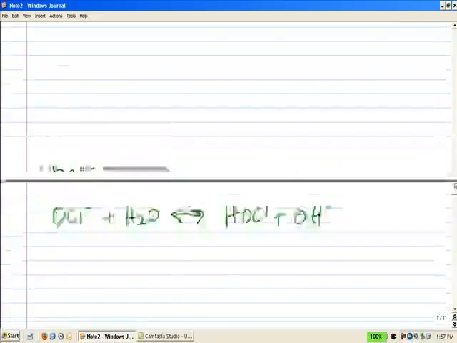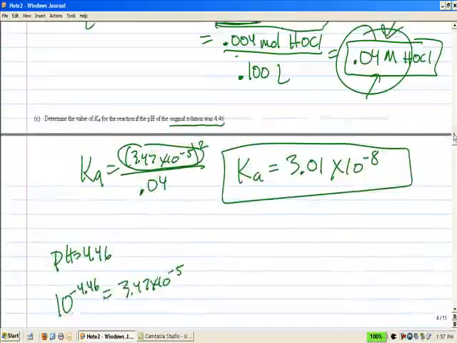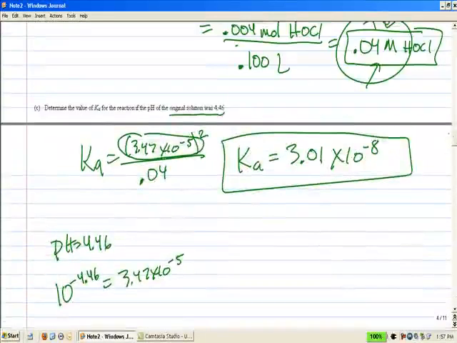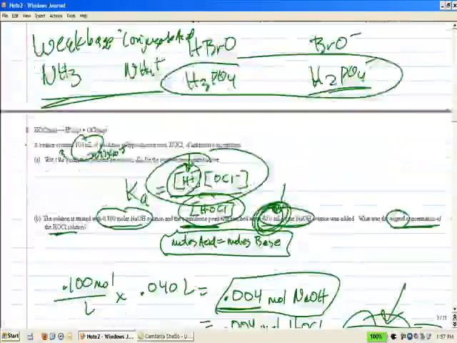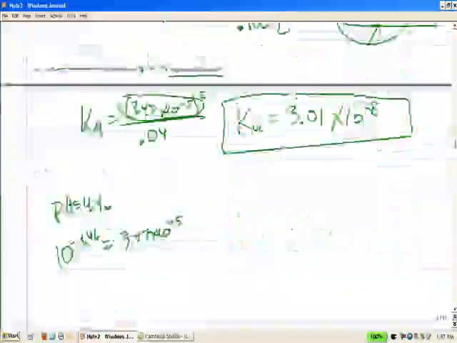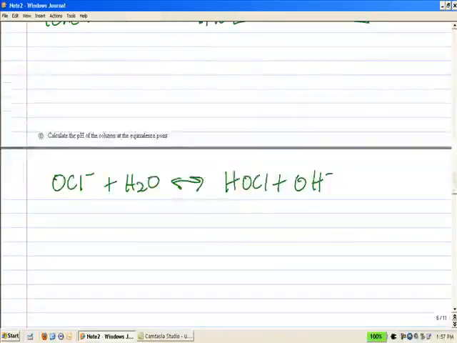Okay, now, way back here, we calculated the Ka value. And again, that was for this reaction right here, when the acid was dissociating. Now what we have, though, is a base that is causing the water to dissociate. So instead of Ka, what we really need is Kb.